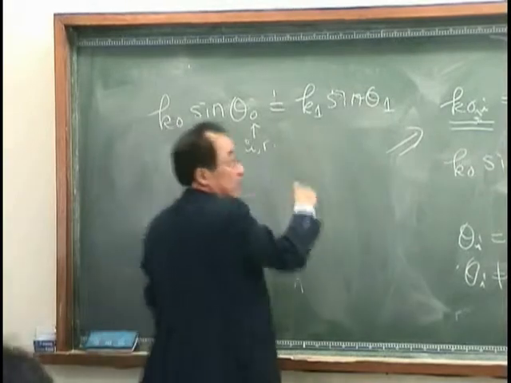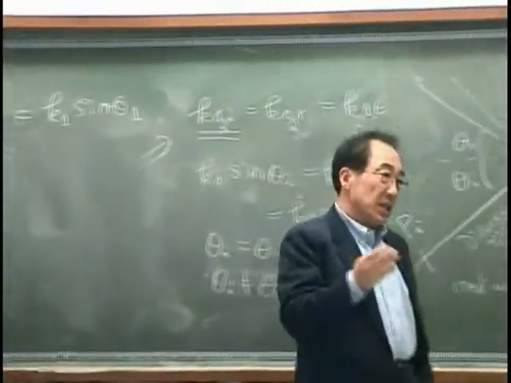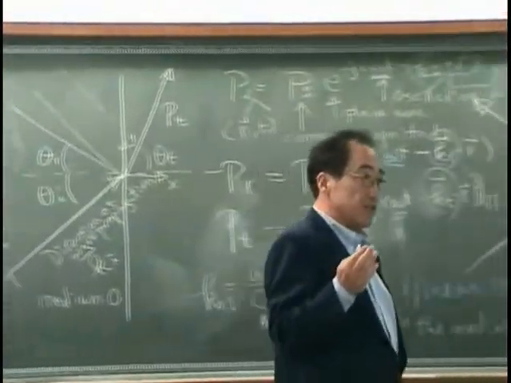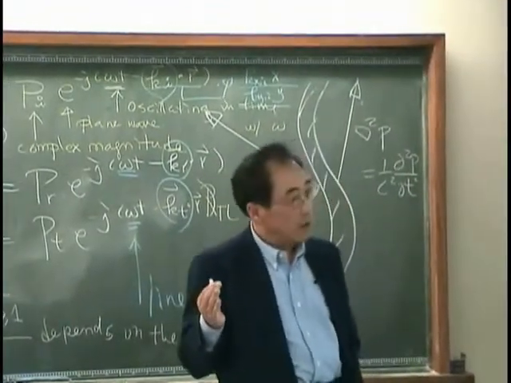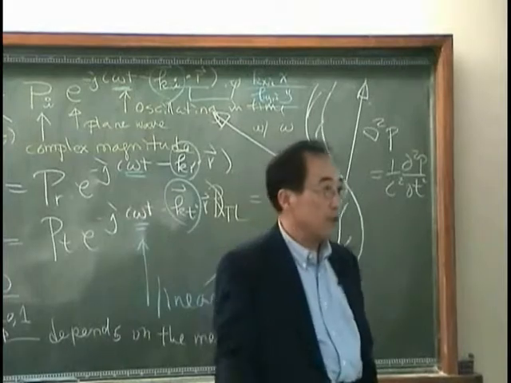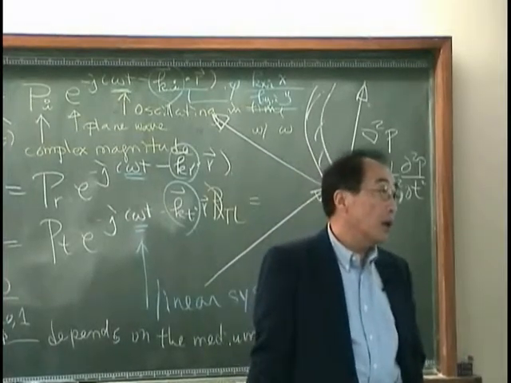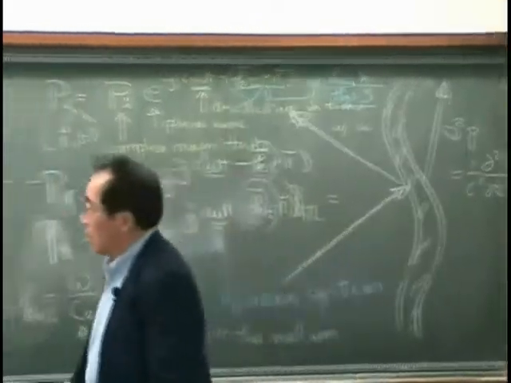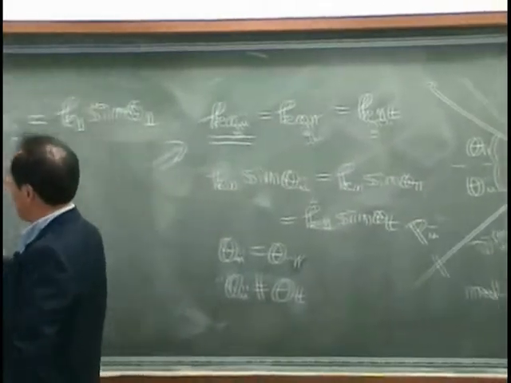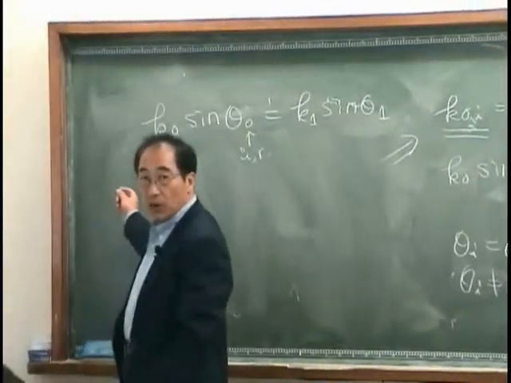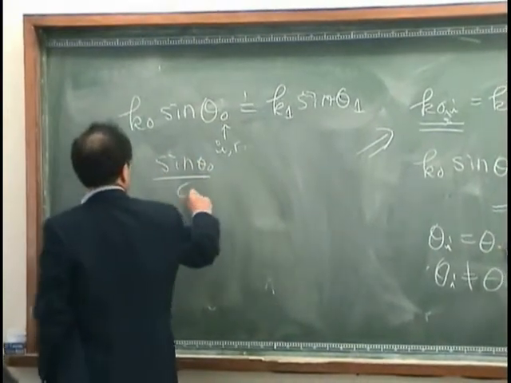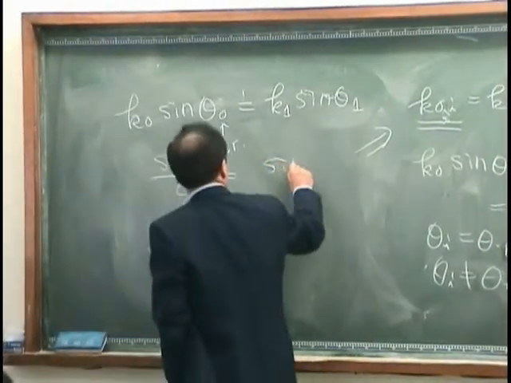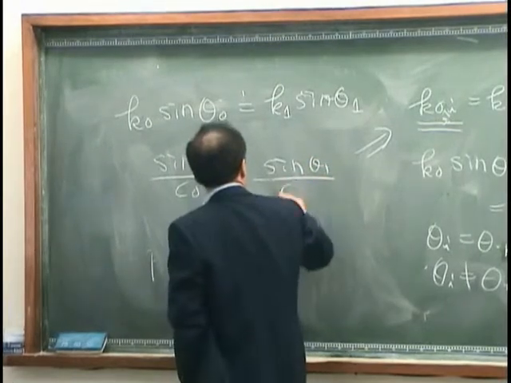Theta 0 and theta 1 is simply the angle of incidence from medium 0, and theta 1 is the angle of transmission at medium 1. And note that K0 is omega over C0, therefore I can write sine theta 0 over C0 is equal to sine theta 1 over C1.